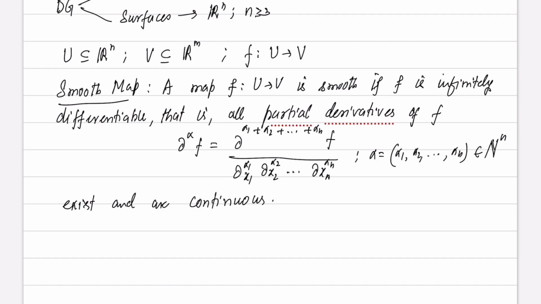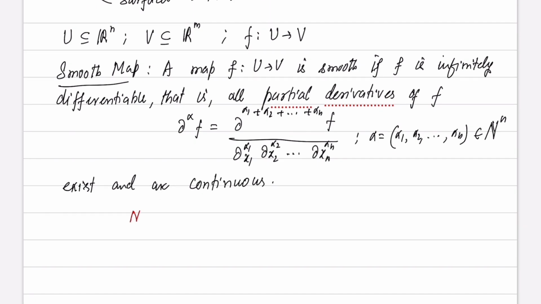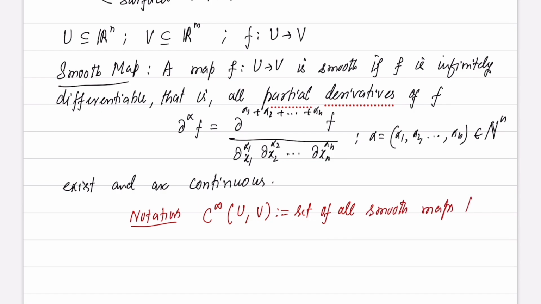Then we will call the curve a smooth curve. We now have one notation: we will denote the set of all smooth curves by C infinity, and if they are from U into V, we will write C infinity (U, V). So this is the set of all smooth maps from U to V, where U is a subset of Rn and V is a subset of Rm.